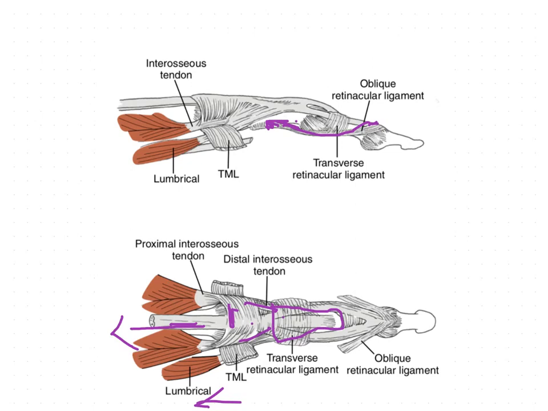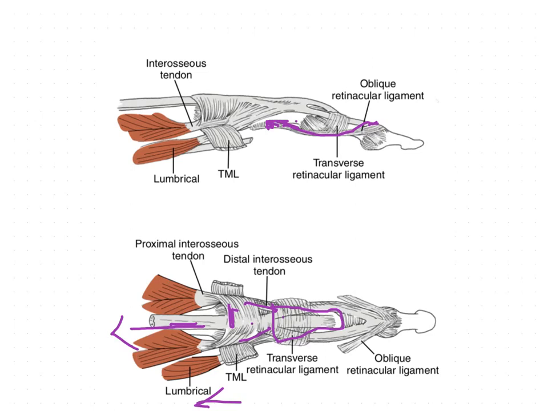Okay. The other active forces present in the extensor mechanism are the dorsal interosseous, volar interosseous and lumbrical muscles. Each of these muscles passes volar to the MCP joint.